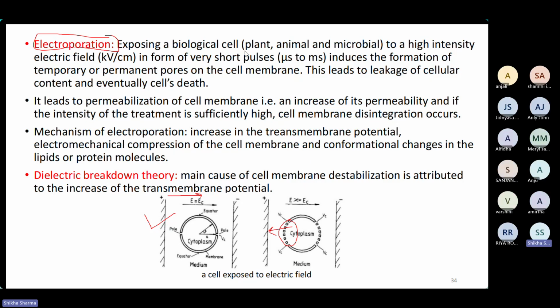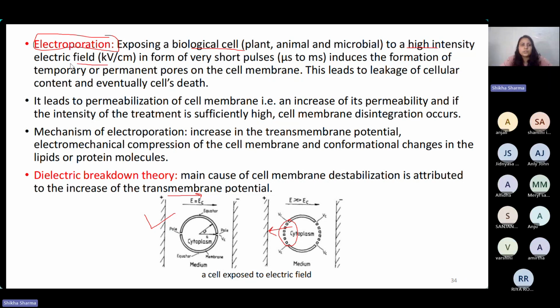Exposing a biological cell, like a plant, animal or microbial cell, to a high intensity electrical field, kilowatt per centimeter, in the form of very short pulses, microsecond to millisecond, induces the formation of temporary or permanent poration on the cell membrane. This will lead to the leakage of the cellular content and eventually the cell will die.